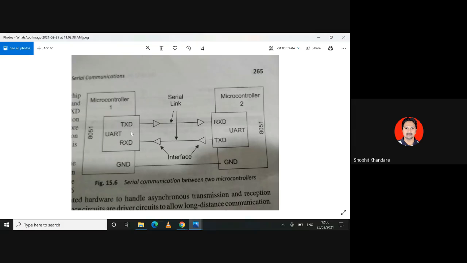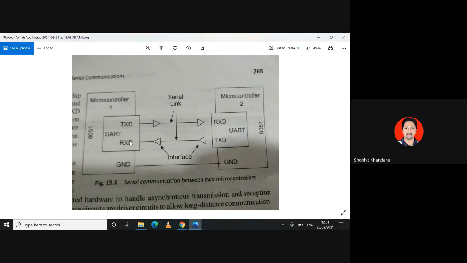So can I say here what kind of communication link you are seeing? अभी हमने सिंप्लेक्स, हाफ डुप्लेक्स और फुल डुप्लेक्स देखा, उसमें से कौन सा है यहाँ पे? Full duplex. Yes, it is full duplex because your 8051 supports full duplex mode. So that's why TXD and RXD are used for serial communication, not for parallel.